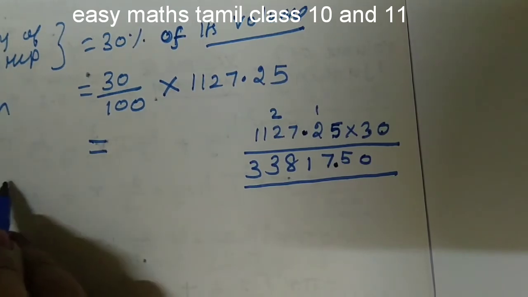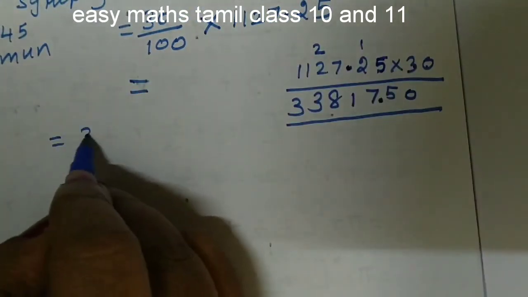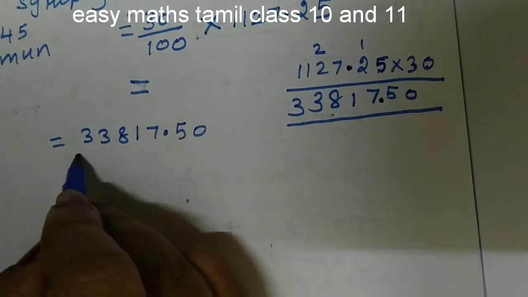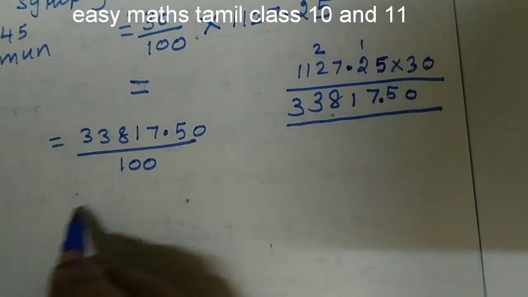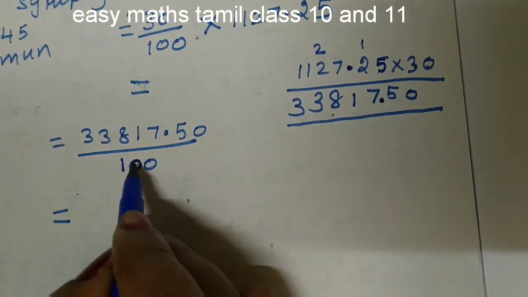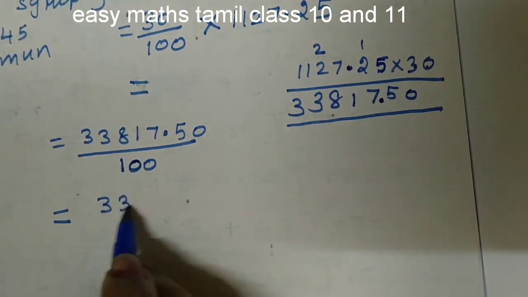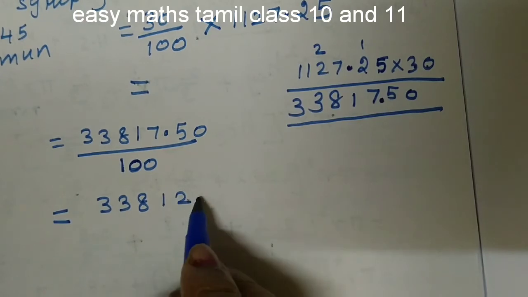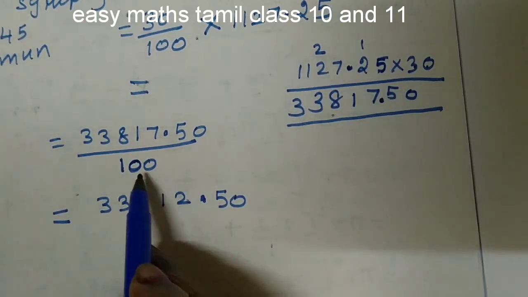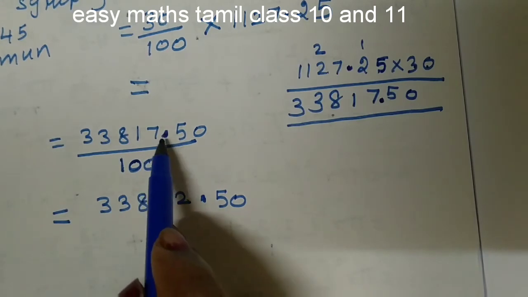So it equals 33817.50 divided by 100. Multiplied by 100 means we move the decimal point towards the right.